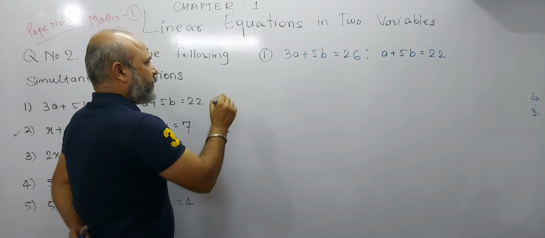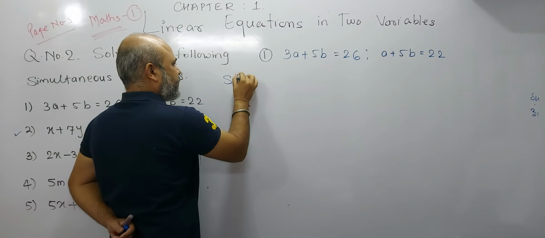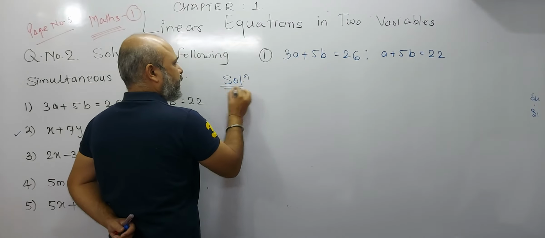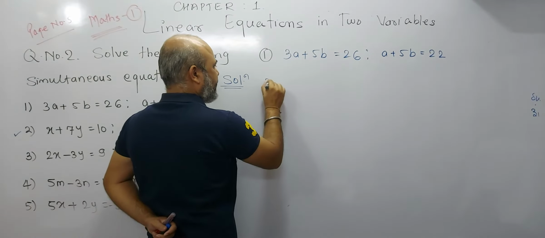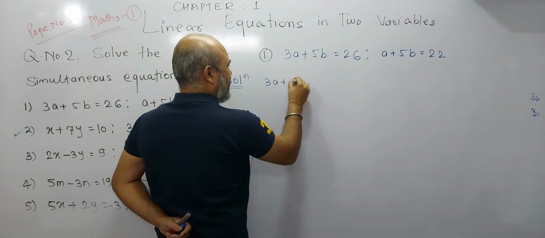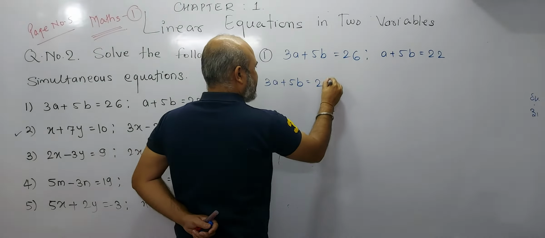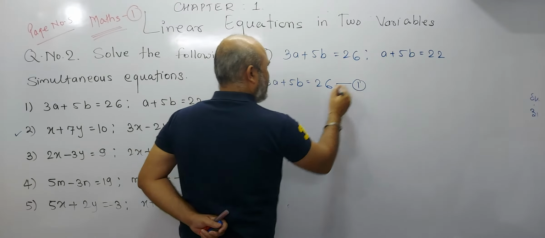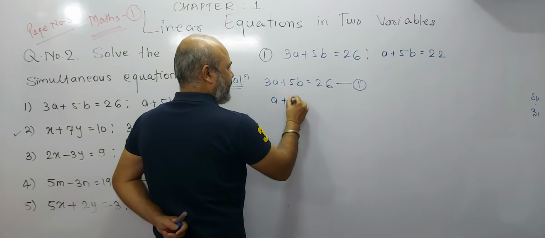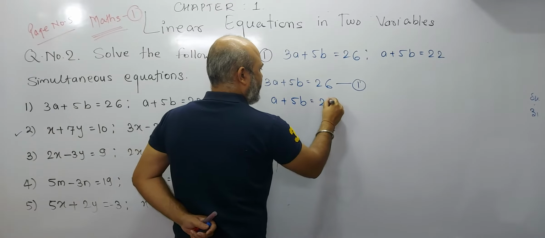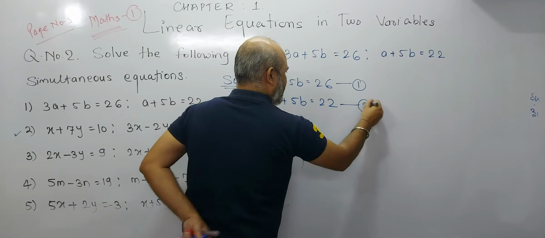Now, students, when we start the solution, write 3a plus 5b is equal to 26, this is equation number 1, and a plus 5b is equal to 22, this is equation number 2.